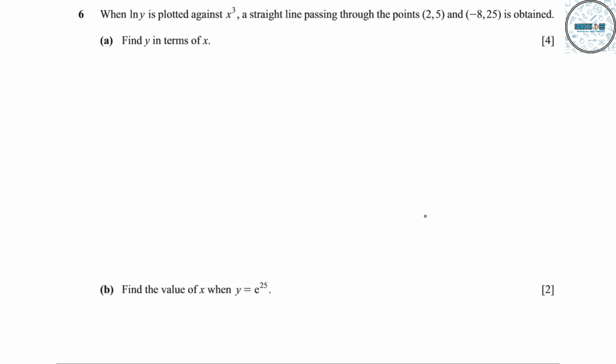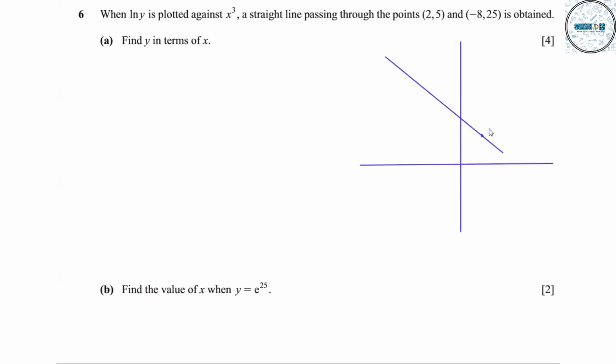Question number 6. When ln y is plotted against x cubed, a straight line passing through the points 2, 5 and minus 8, 25 is obtained. If we draw a rough sketch of this, then the graph would be somewhat like this.